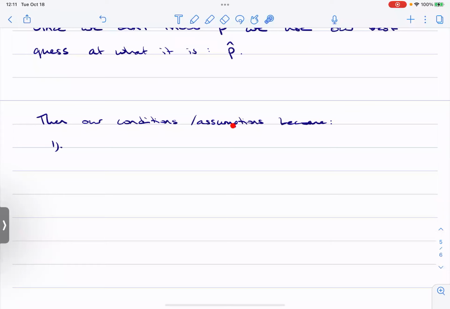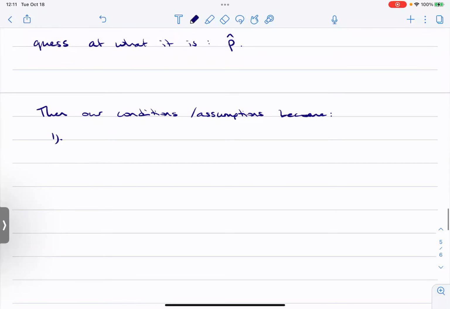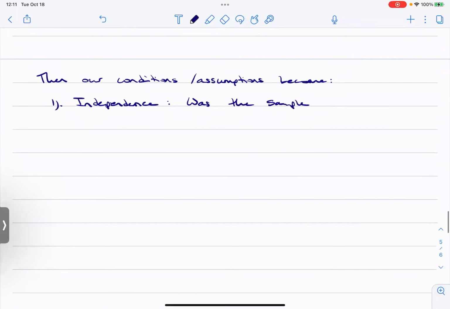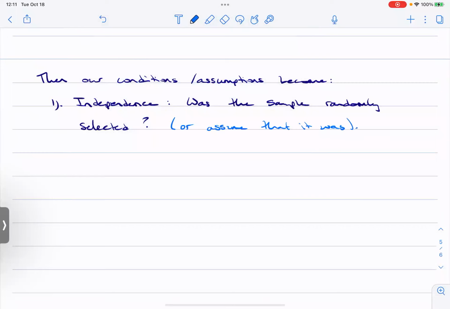Here's where I state my assumptions: I assume it was collected randomly. It doesn't say, but I'm assuming it was. So independence stays the same. Was the sample randomly selected, or assume that it was.